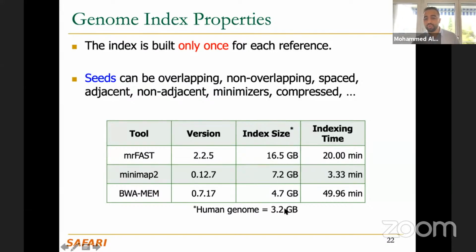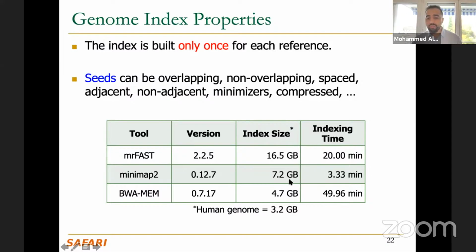When you build the index, you will see the size of the index is really huge, at least twice the size of the original reference genome. And the indexing time really varies. To build the hash table, depending on how many seeds you collect from the reference genome, it can be something between 3 minutes all the way to 1 hour.